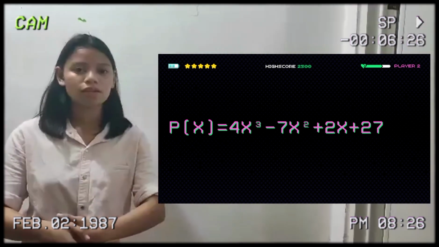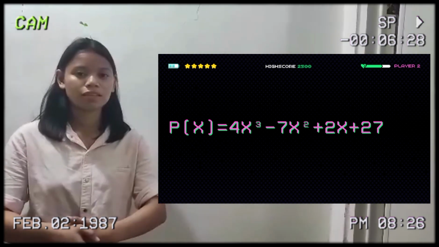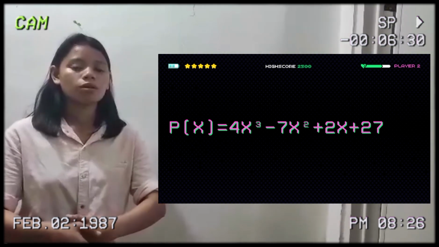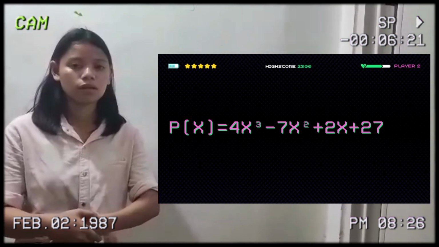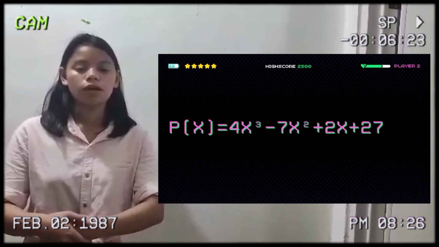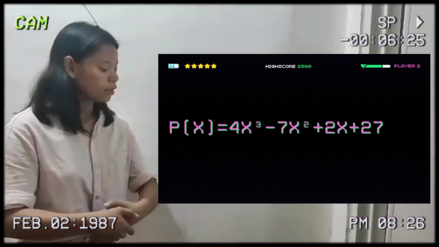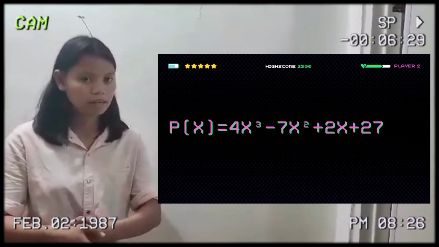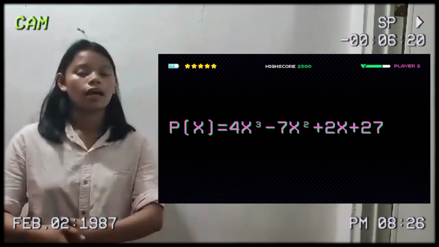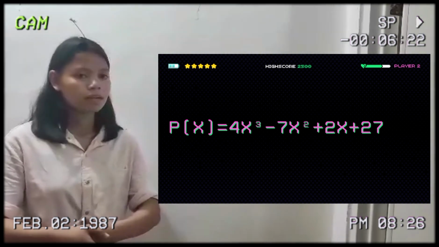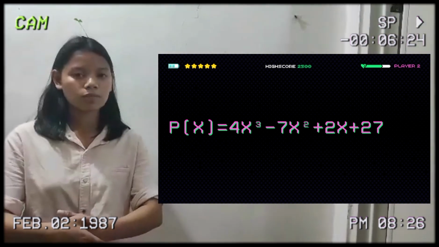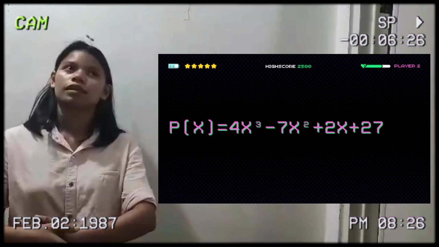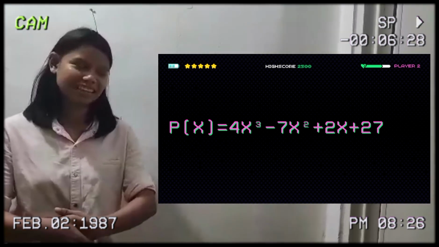Negative 7x raised to the power of 6 can also be written as 3 times 2, or as x cubed raised to the power of 2. Then 2x cubed is fine as it is, since it's already x cubed. Then 27 stays constant.